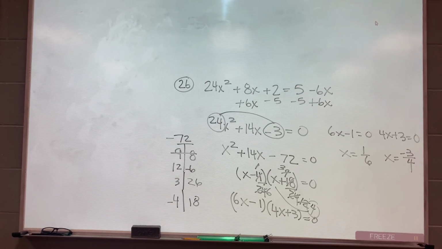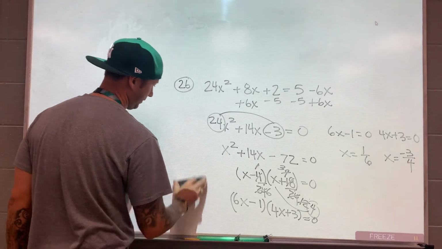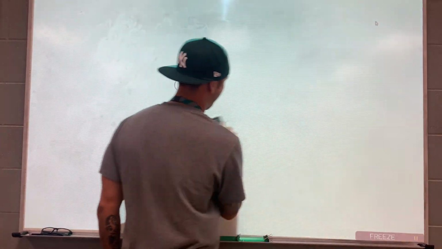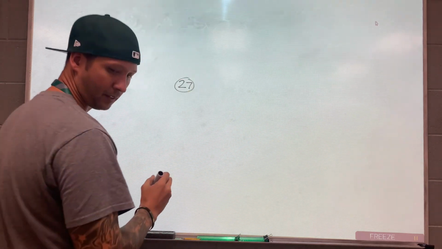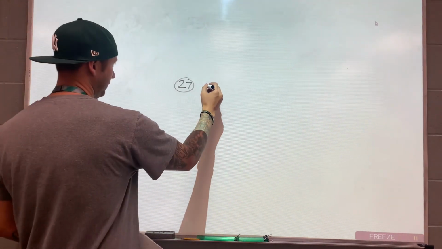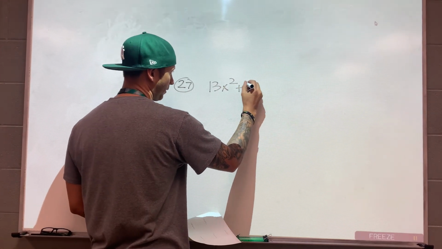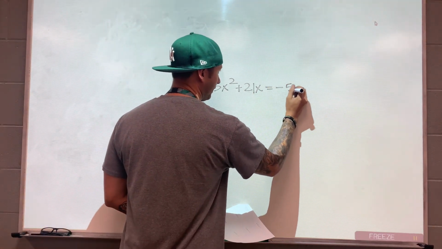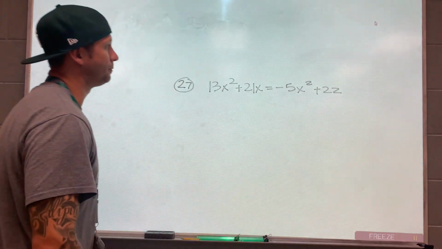Okay, 26, 27, 28. What time is it? All right, I can knock these last two out. 27. 13x squared plus 21x equals negative 5x squared plus 22.